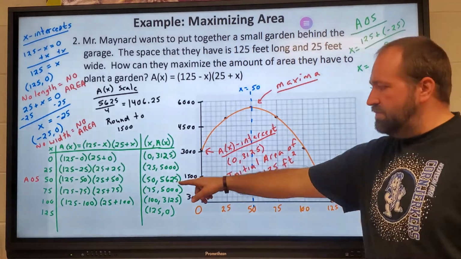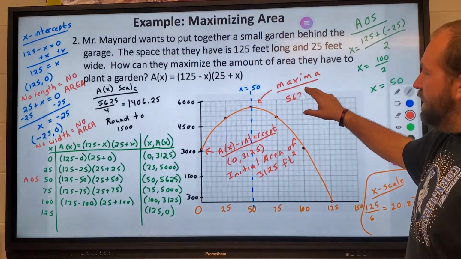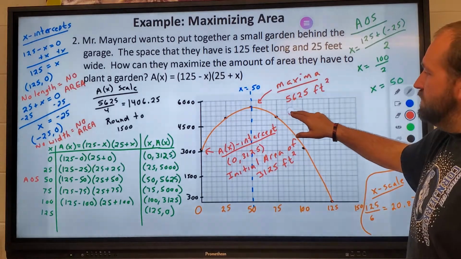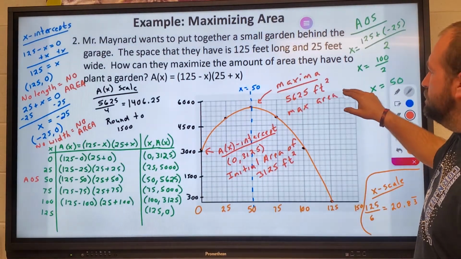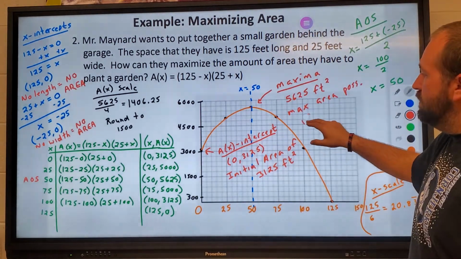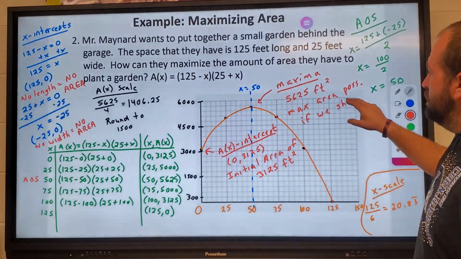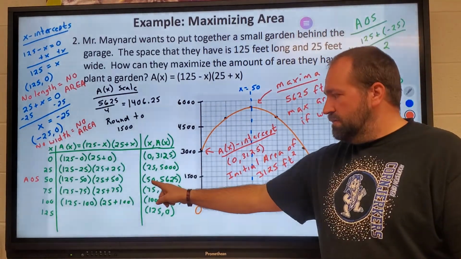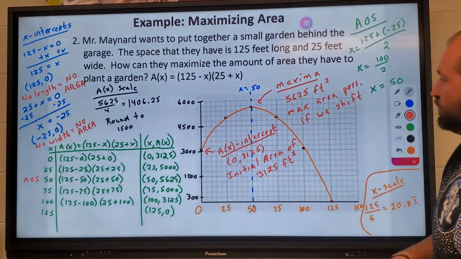And that tells me that I have the ability to have up to 5,625 square feet is the max area possible if we shift the length 50 feet, because that's the ordered pair, 50, 5,625.